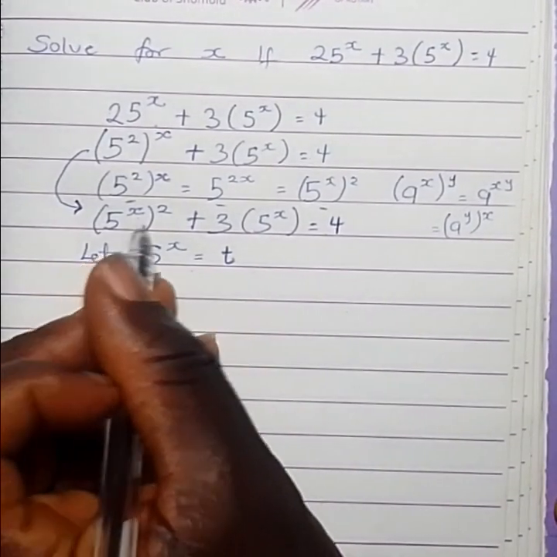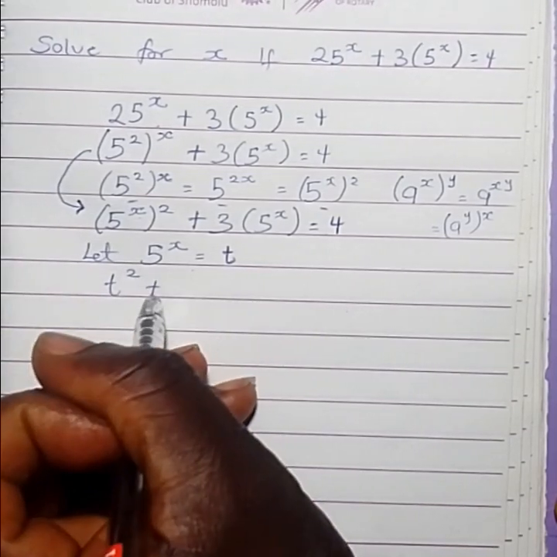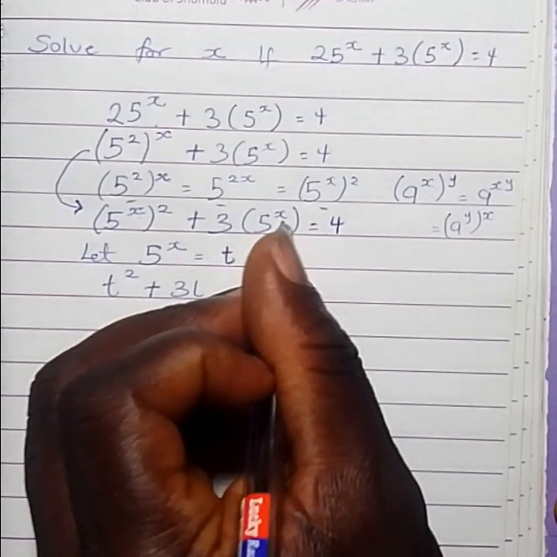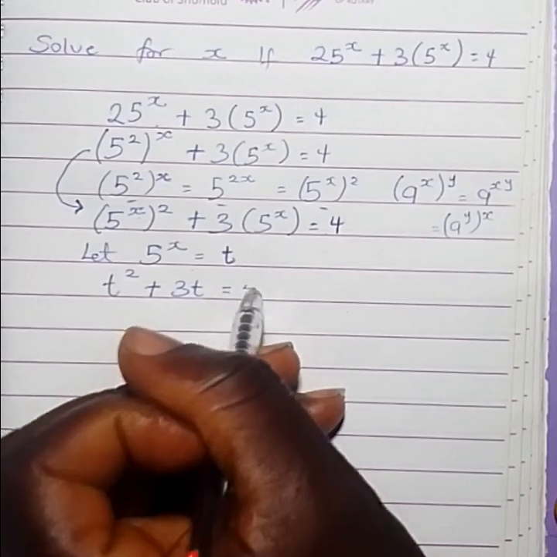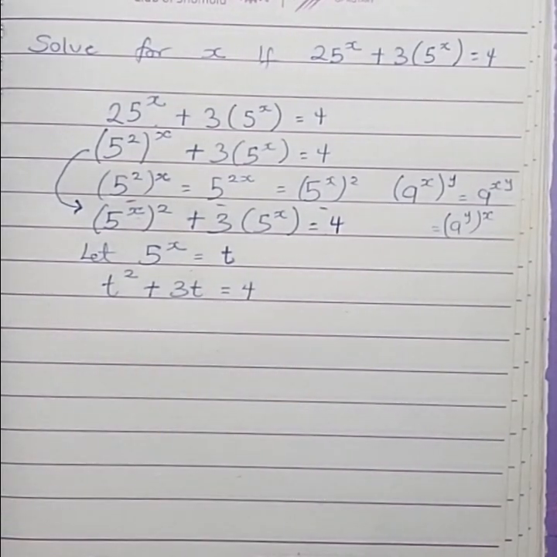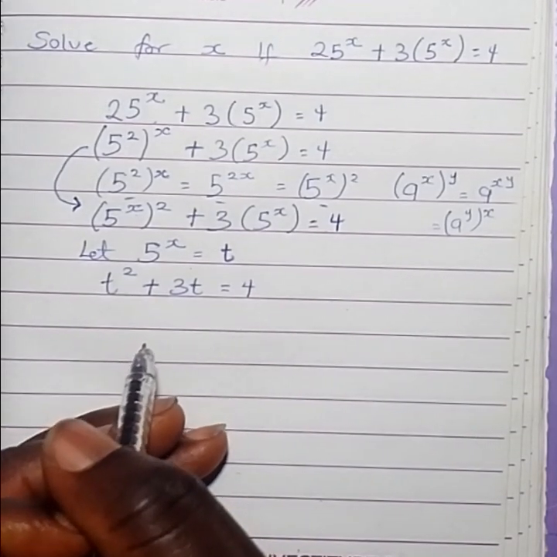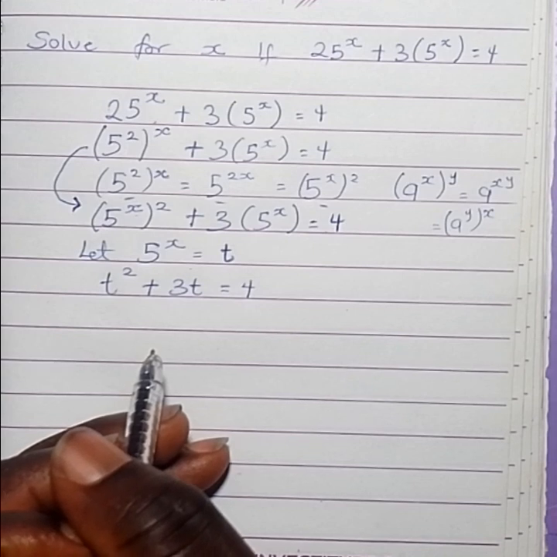So this place will turn to t square plus 3, and this 5 raised to power x will also turn to t, equals 4. So this is going to lead to a quadratic equation.